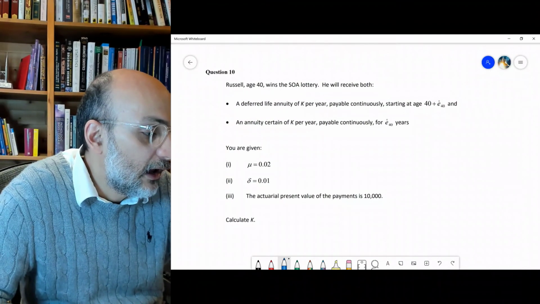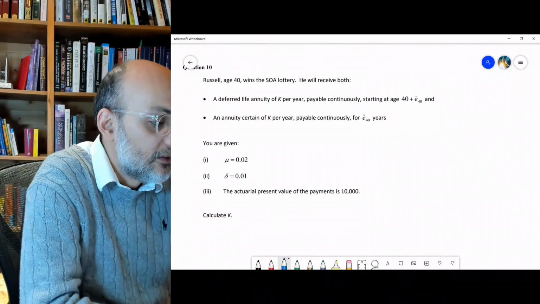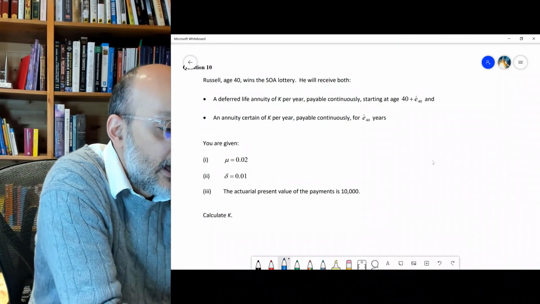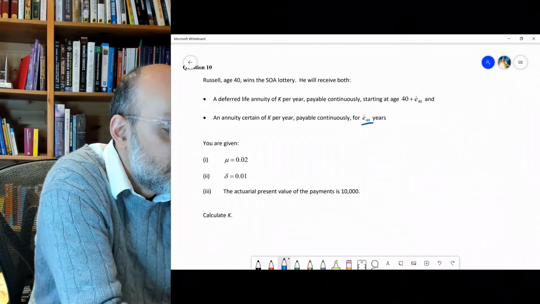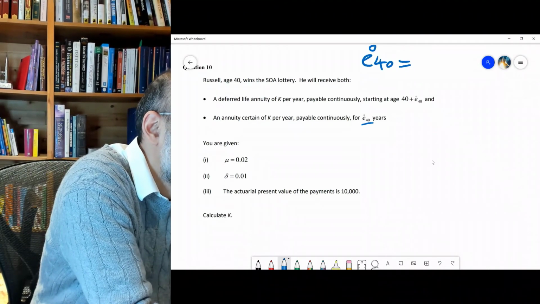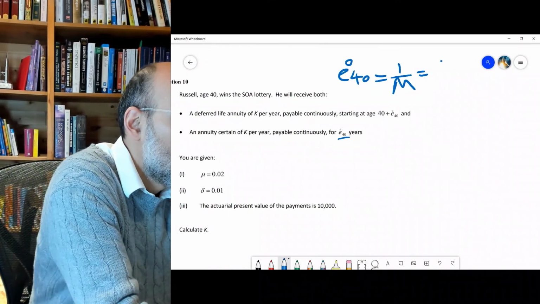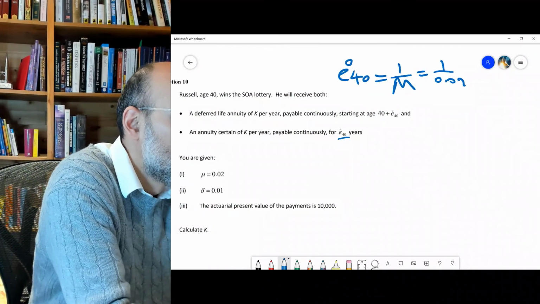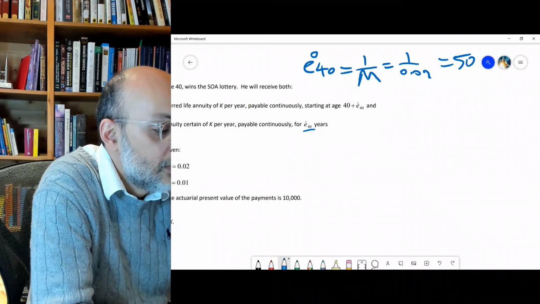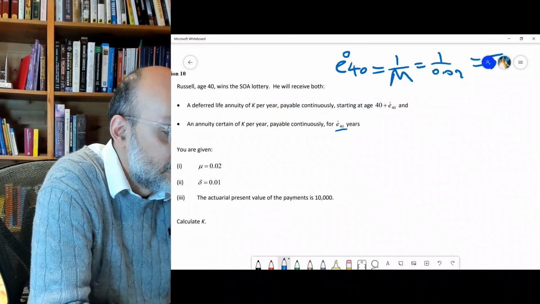The lottery will have, let's visualize it. But before visualizing it, I hate to see an expression like this, E40. What is it? Let's calculate it. What is E40? It's 1 over mu, 1 over 0.02, so the life expectancy for somebody aged 40 is 50.